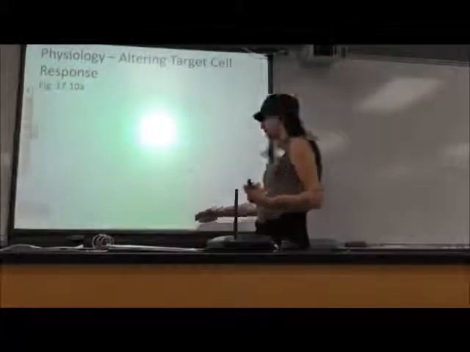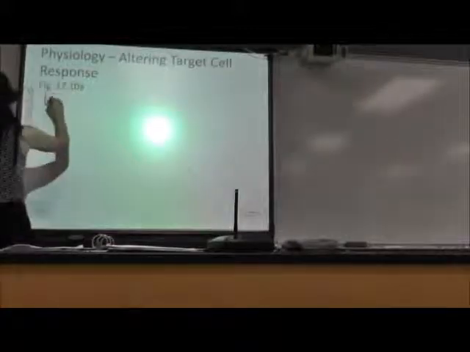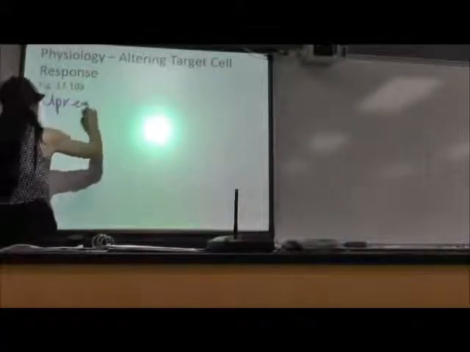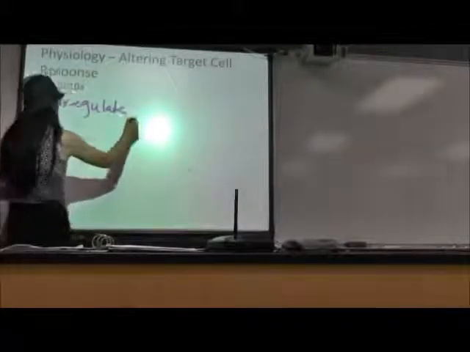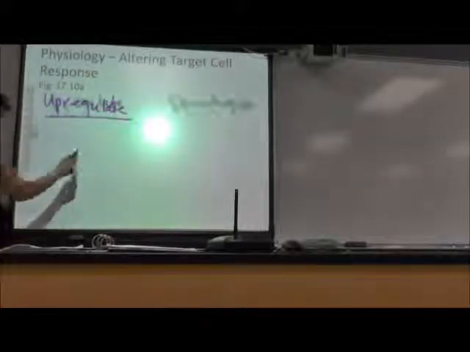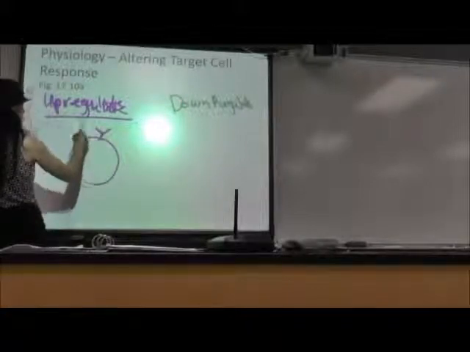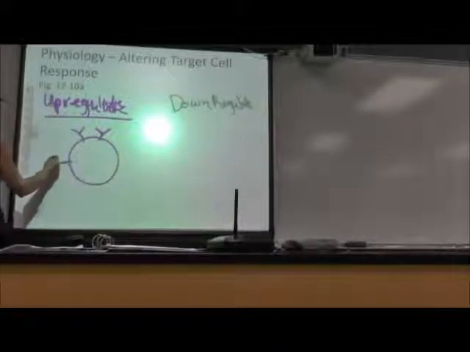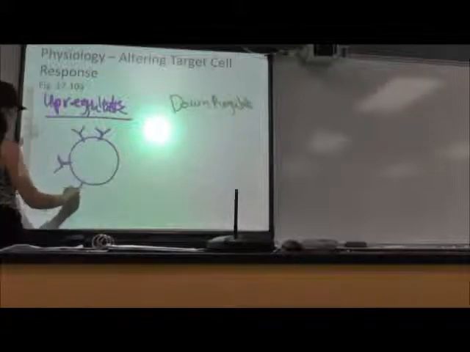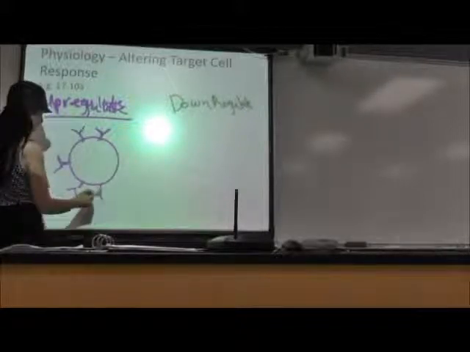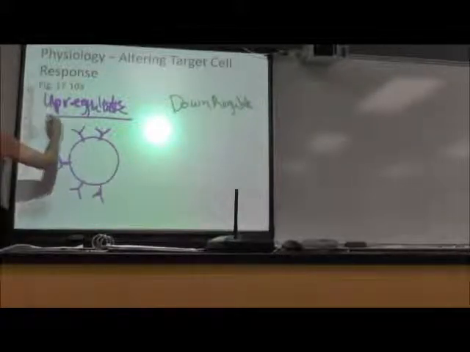When we have very low levels of a hormone, then target cells can upregulate their receptors, meaning that they can make more and stick them up in the plasma membrane. So upregulation is what would happen in response to very low levels of hormones.